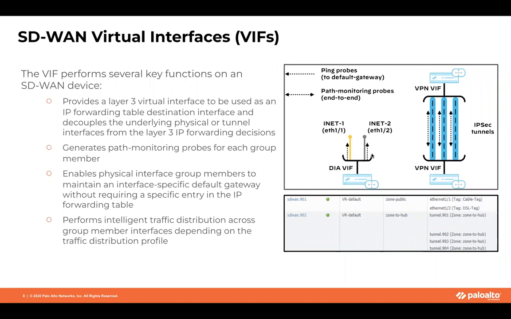For the DIA VIF, we actually only probe to the next hop, which is usually your default gateway. So your ISP provided IP or your MPLS provided IP. However, to get around some of those limitations, we've introduced some additional measurements that allow us to monitor past that first hop, which is the default gateway.